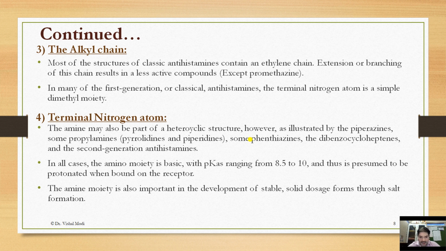In all cases, the amino moiety is basic with pKa's ranging from 8.5 to 10, and thus is presumed to protonate when bound to the receptor. The amine moiety is also important in the development of stable solid dosage forms through salt formation.